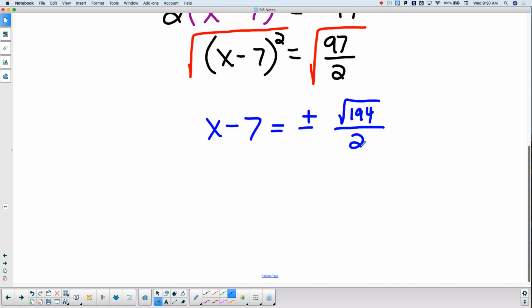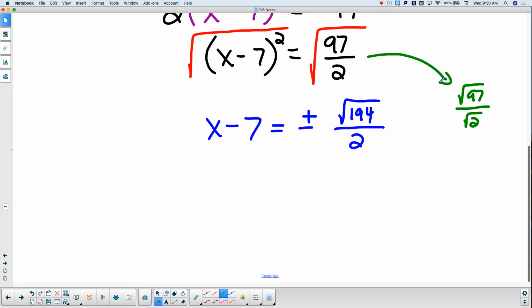Why is it 194? Okay, it's 194 because the square root of 97 over the square root of 2, oops, I put 9. You know, because 2 and 9, they're roughly the same. Okay, so this goes to here, right?